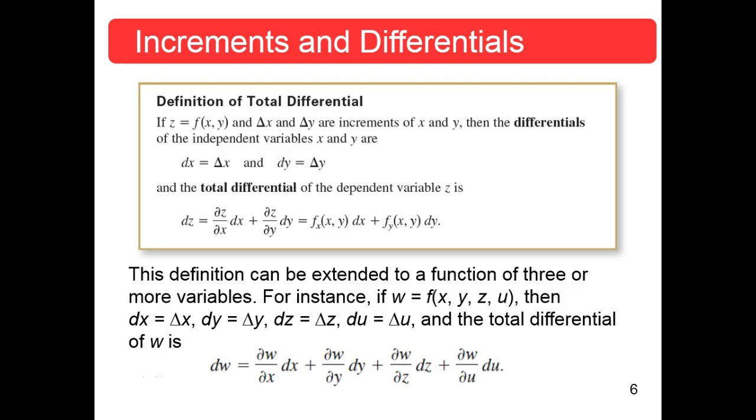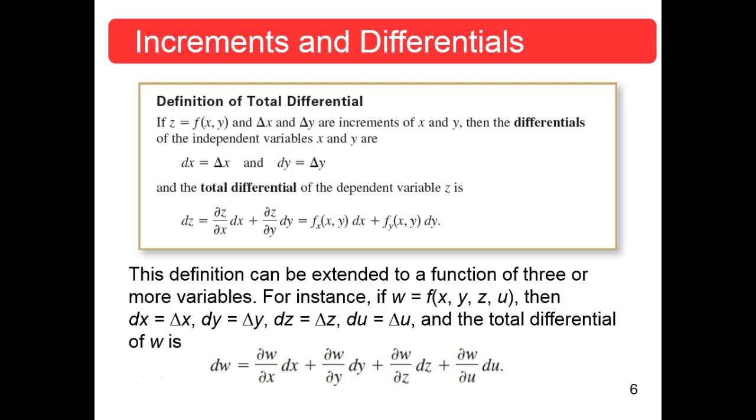So they kind of make sense. These are different, these are increments. This is your total differential. Okay? This definition can be extended to a function of 3 or more variables. It just goes on and on and on.